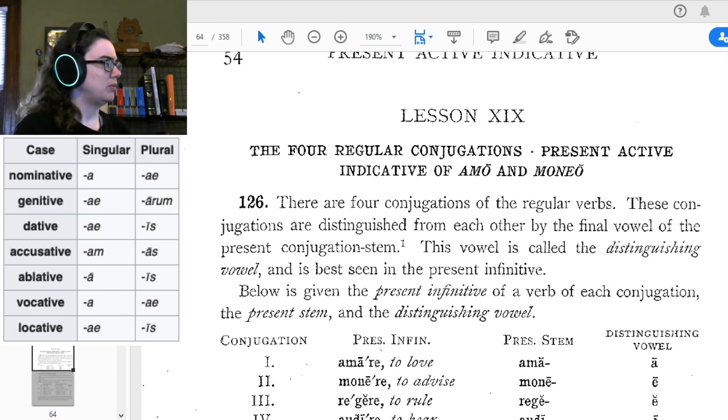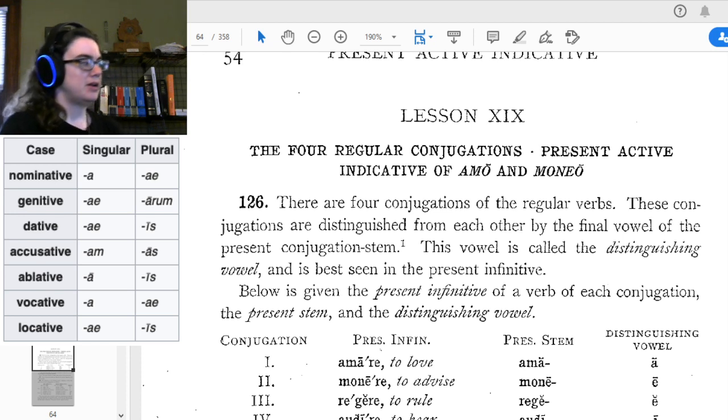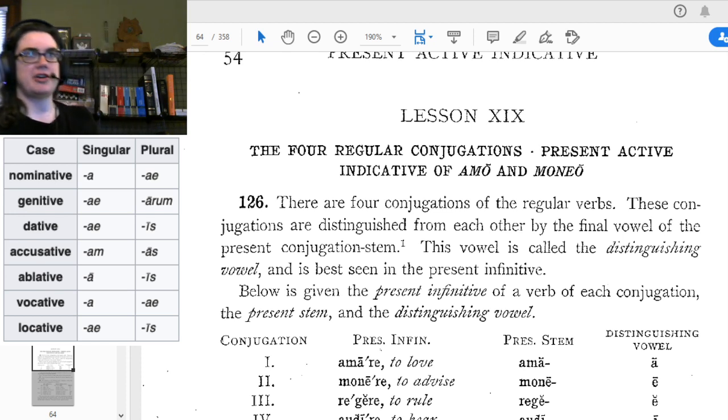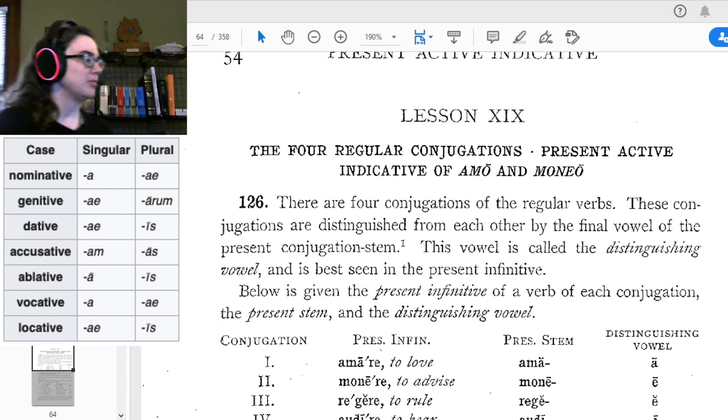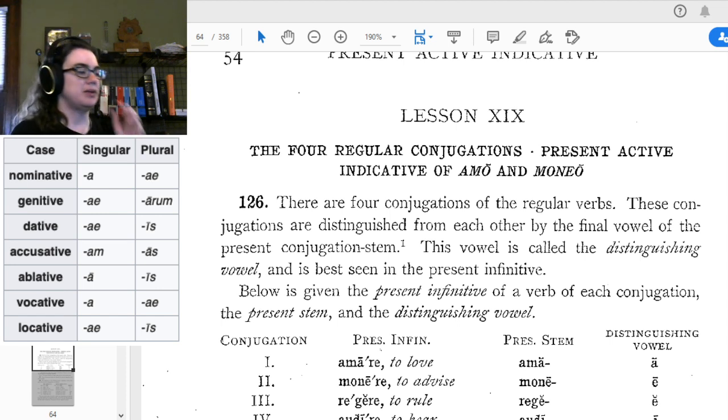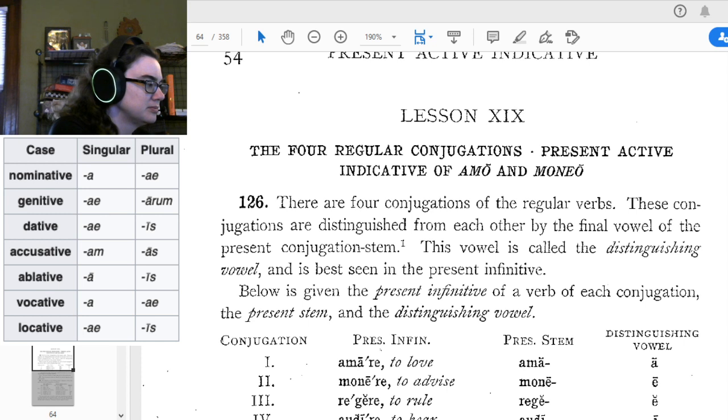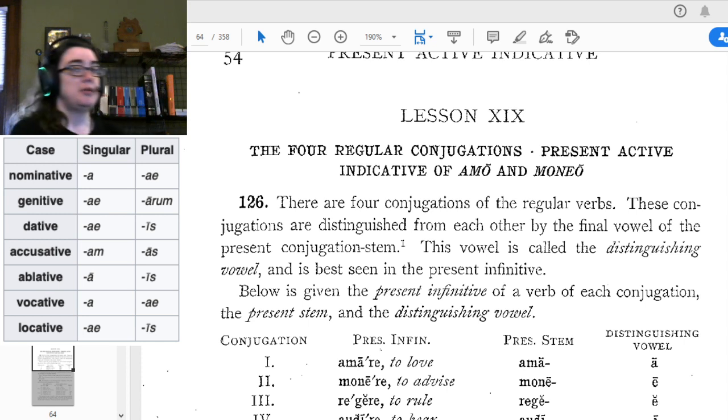Cat, what are you doing? I think the cat's trying to find things to eat on the floor. Well, that's his job, I guess. All right.